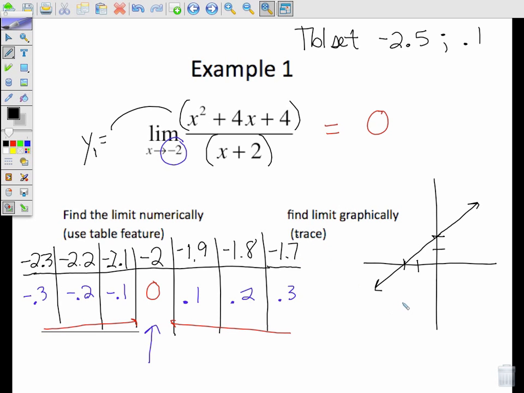Well, this is my negative 2 value right here. This is when x is negative 2. So the y value is 0. So there are two different ways to look at your limit. You can look at it from a graph or by substituting values in. Again, it's what your function is slowly going towards or what it's approaching.